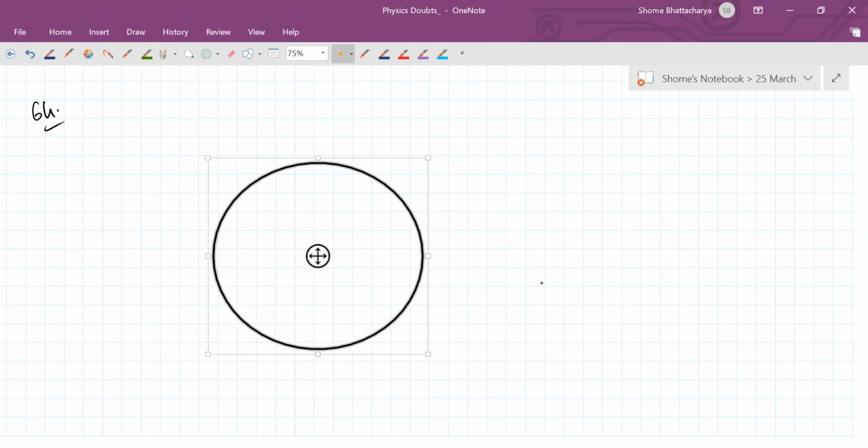The question just says a smooth sphere of radius r is made to translate in a straight line with a constant acceleration A, but I think we'll have to assume that the acceleration's direction is horizontal. So this sphere itself is accelerating horizontally with an acceleration A like this, and the surface of the sphere is smooth.